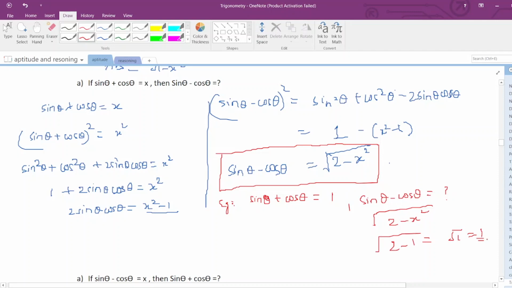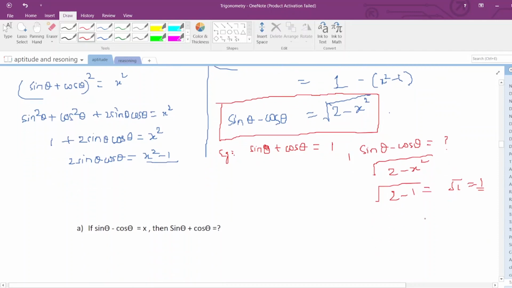So that's it. So please remember this formula. It's also very important.